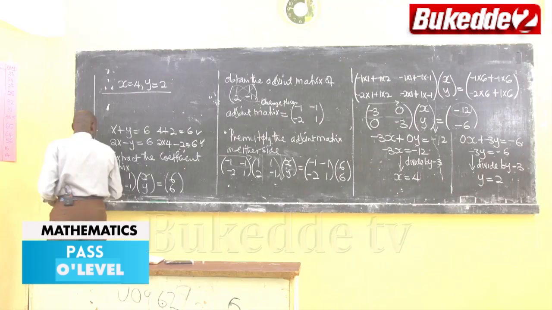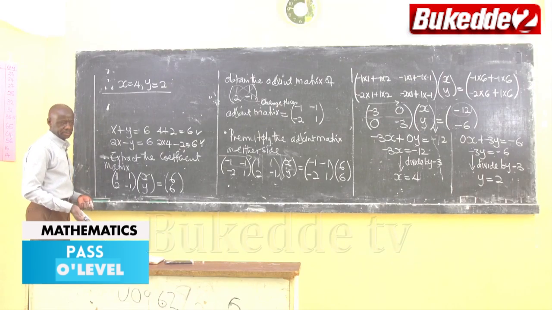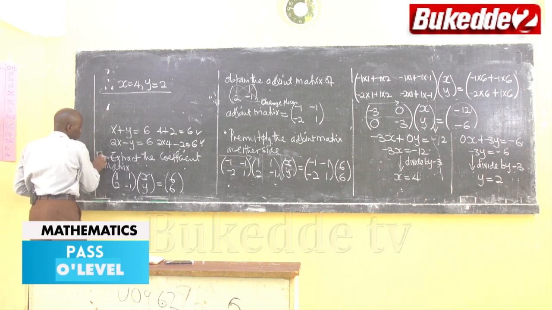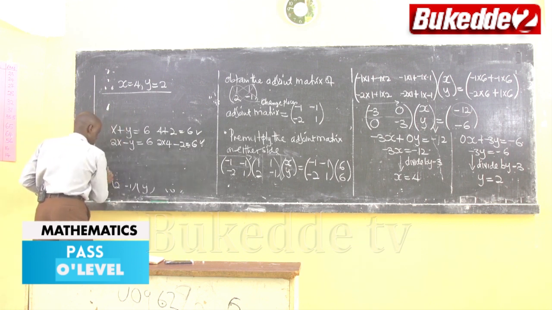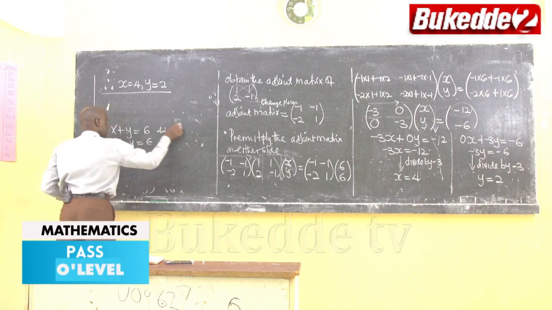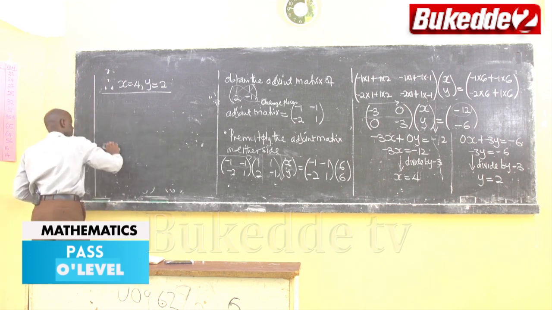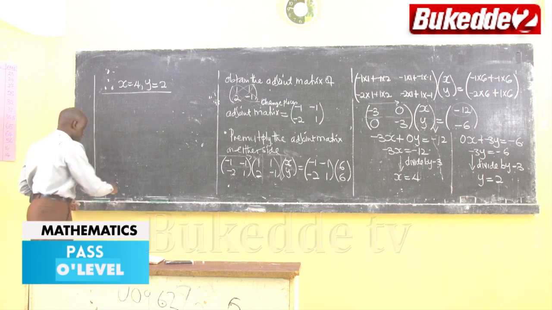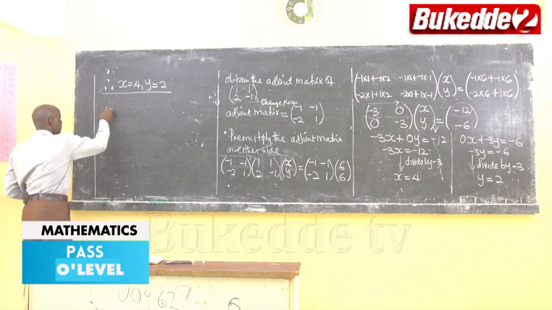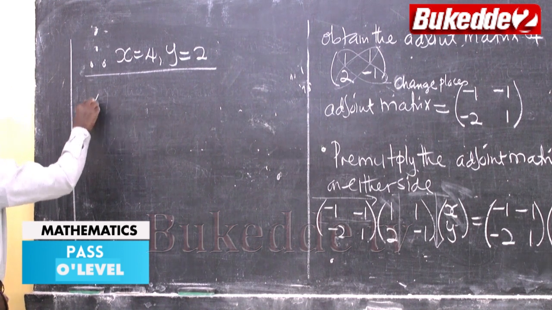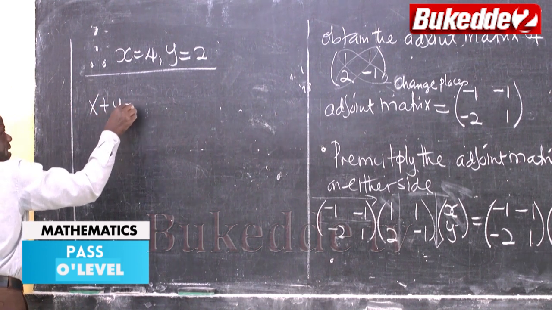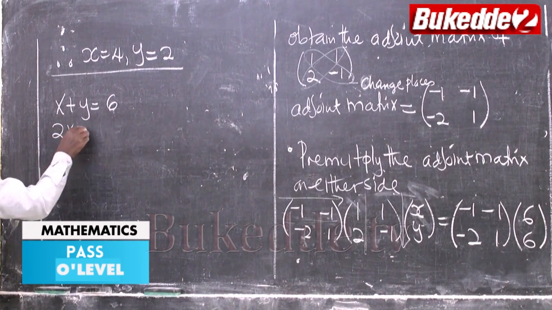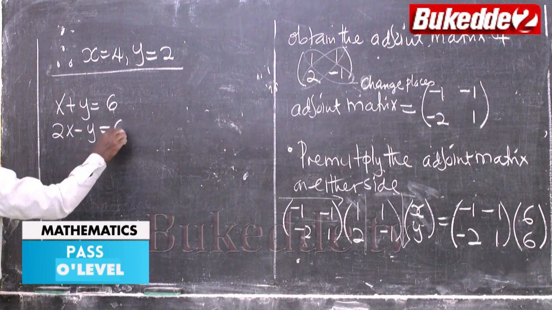Easy does it. Now, supposing we don't do that, I'm going to use the same example to help us. We're having x plus y is equal to 6, and then 2x minus y is equal to 6.